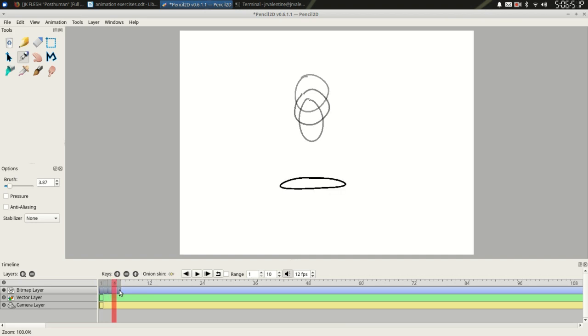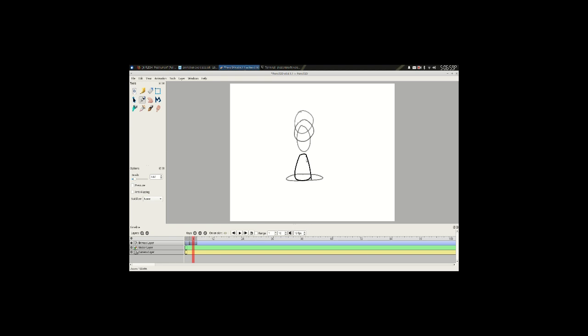I tried to get the shape as sort of in between. As you can see, I'm drawing in between the 3rd and the 5th frame here. The 3rd frame is more of a skinny oval shape, and the 5th frame is that same oval shape but even flatter, more on its side, and this is to emphasize a sense of weight.